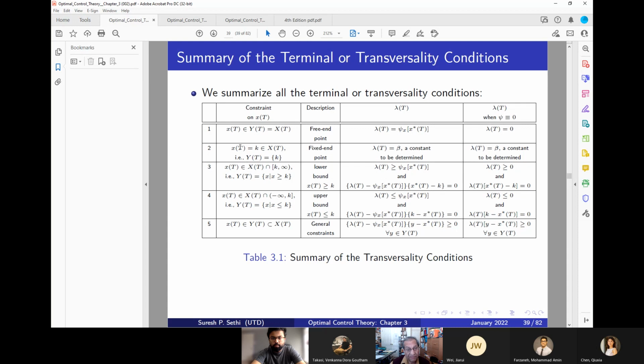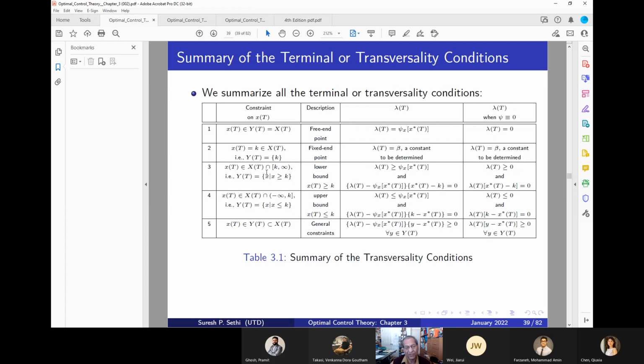On the other hand, if x(T) is fixed, exactly equal to a point k, we call it a fixed endpoint problem. That means that if you want to get a 2-point boundary value problem, you have to give freedom to lambda T. So lambda T is a beta, a constant to be determined.